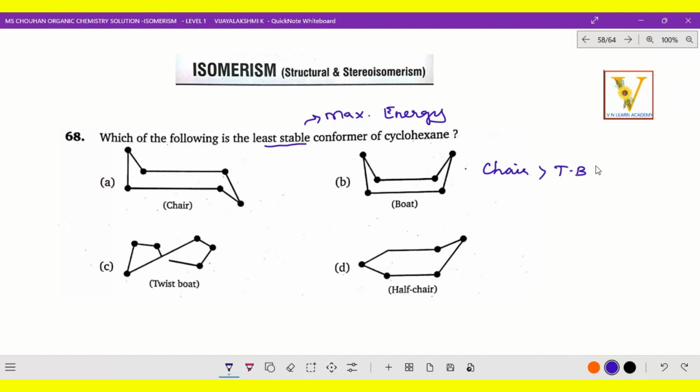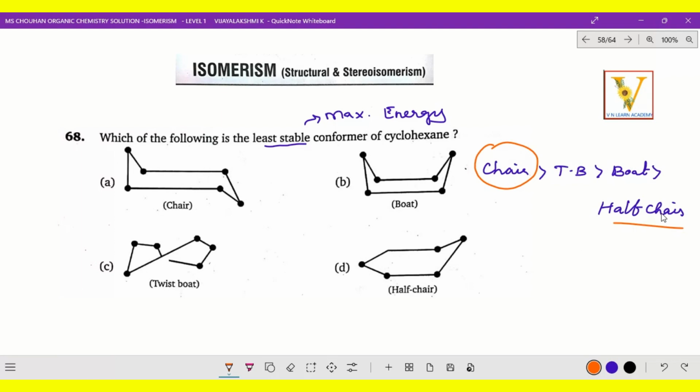So chair form is the most stable, the next is twist boat, then the ordinary boat shape, and the last is half chair.